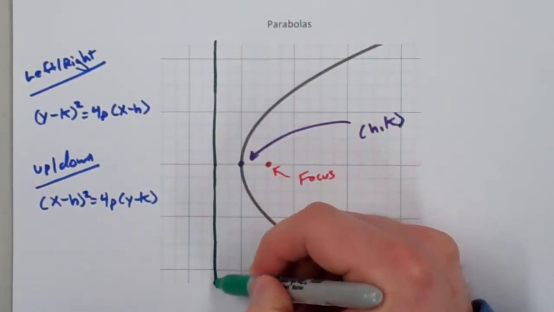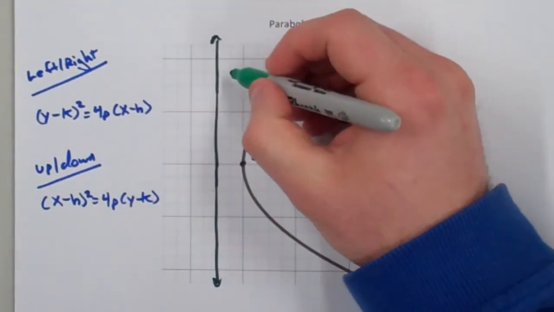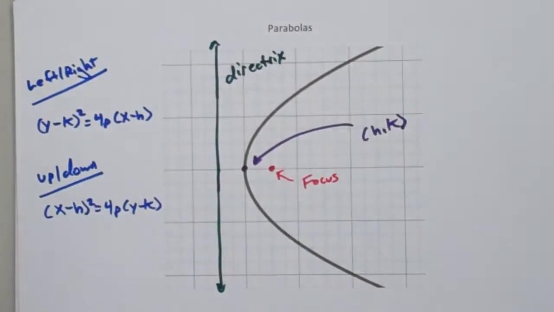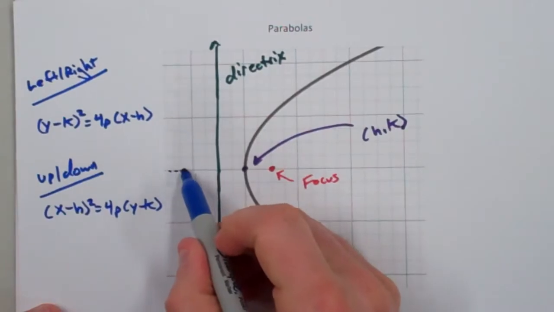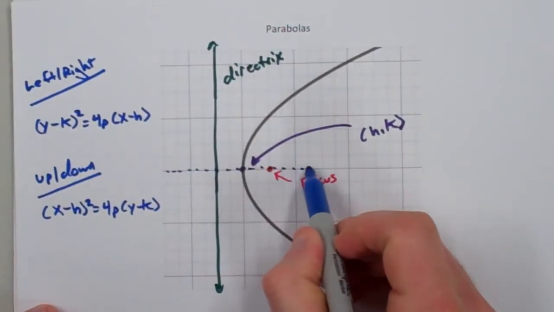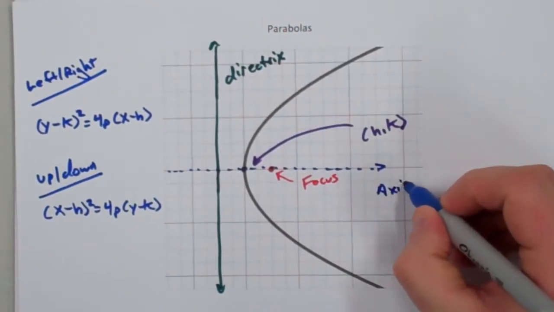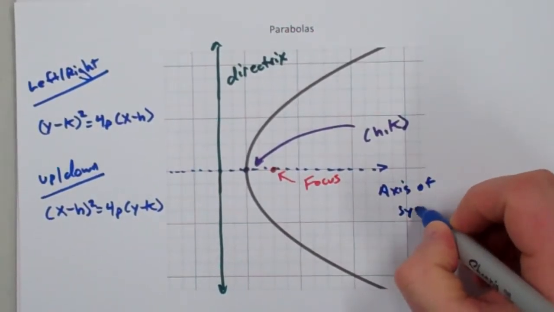So we've got this as the directrix right here. If you wanted to, you could also draw another line that would run right through the middle of everything, and that line is the axis of symmetry.